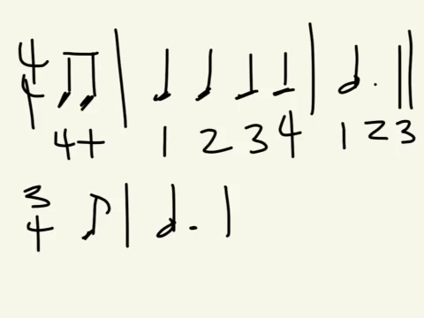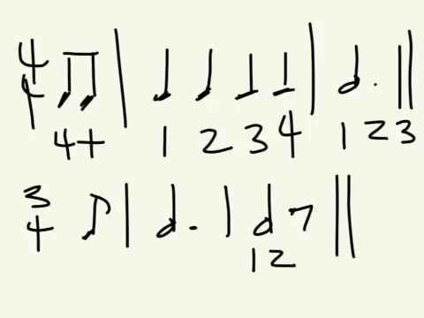How many beats did I have left over in my last measure? 2.5. So maybe I have a half note and an 8th rest. That's 1, 2, 3, and. That's the second part of the 3rd beat. Any questions about pickup beats?